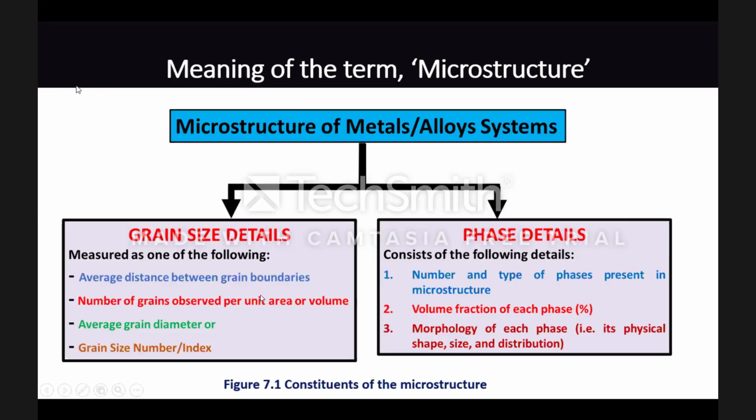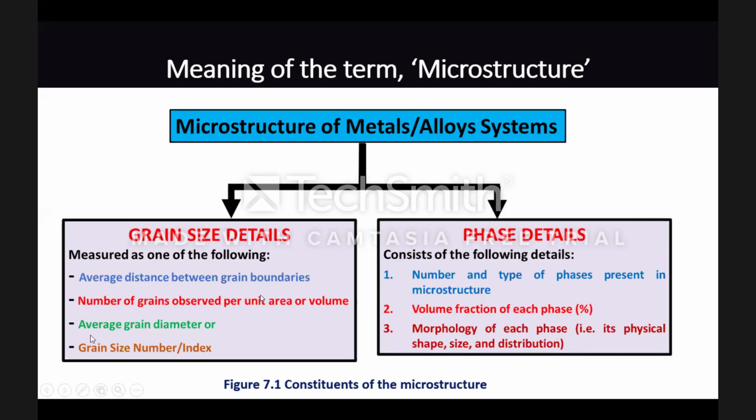So as I said, the microstructure of a metal or an alloy system is made up of two major components. One is the grain size details, and there are different meanings associated with grain size details. There are different ways how grain size can be expressed. You can talk about grain size in terms of the average distance between the grain boundaries seen in the microstructure. You can talk about the number of grains observed per unit space or volume.